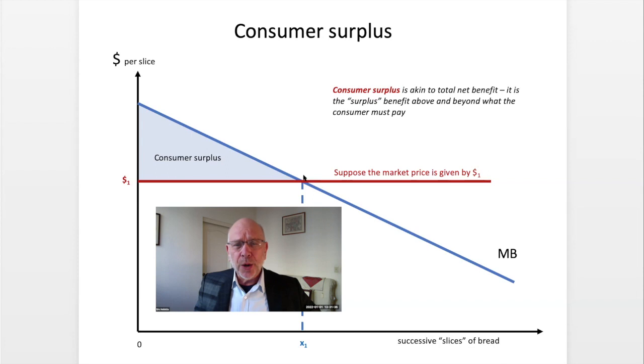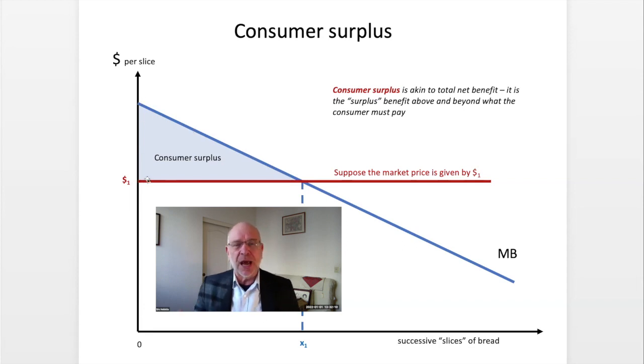So we know from what we just saw earlier that the total gross benefit is the area beneath this polygon. But this rectangle is the total amount that the consumer pays. So there's a total cost due to the price of this good that the consumer pays, represented by this rectangle, but the gross benefit was more than that by the amount of this triangle, which is determined as consumer surplus.